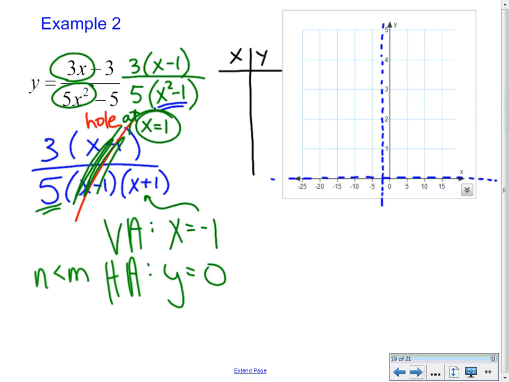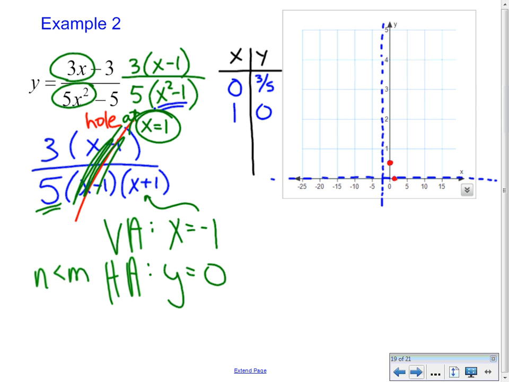If I plug in 0, I do get a value: 3/5. If I plug in 1, this is why I don't like plugging in numbers, I get out a 0. That was one of my zeros. I'm going to use a different color over there.